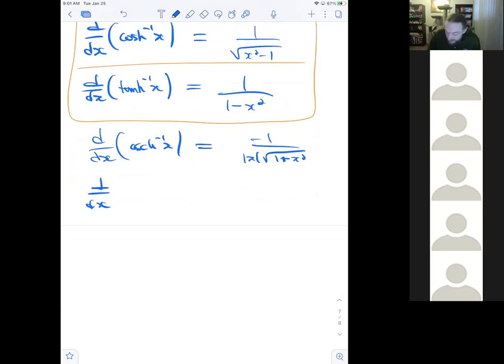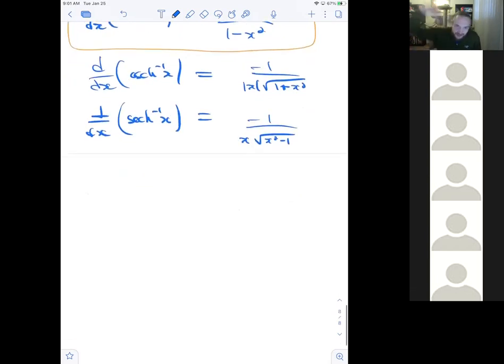And then the derivative of inverse sech is going to equal negative 1 over x times the square root of x squared minus 1. You don't need an absolute value here on sech because cosh is positive anyways. And then the derivative of inverse coth is equal to, so those are the other three that you don't really have to memorize.